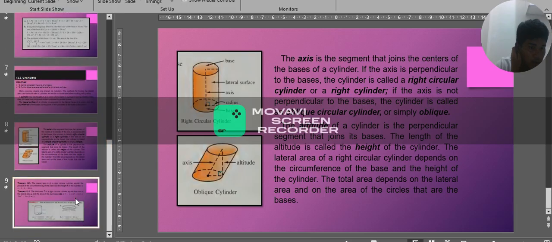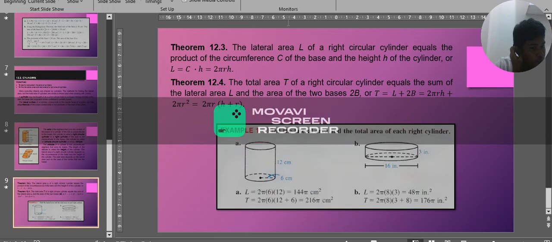Now, let's try to solve. Same with prisms, there are two theorems to consider when we are trying to find the lateral area L and the total area T of a right circular cylinder, respectively. According to theorem 12.3, the lateral area L of a right circular cylinder equals the product of the circumference C of the base and the height of the cylinder.